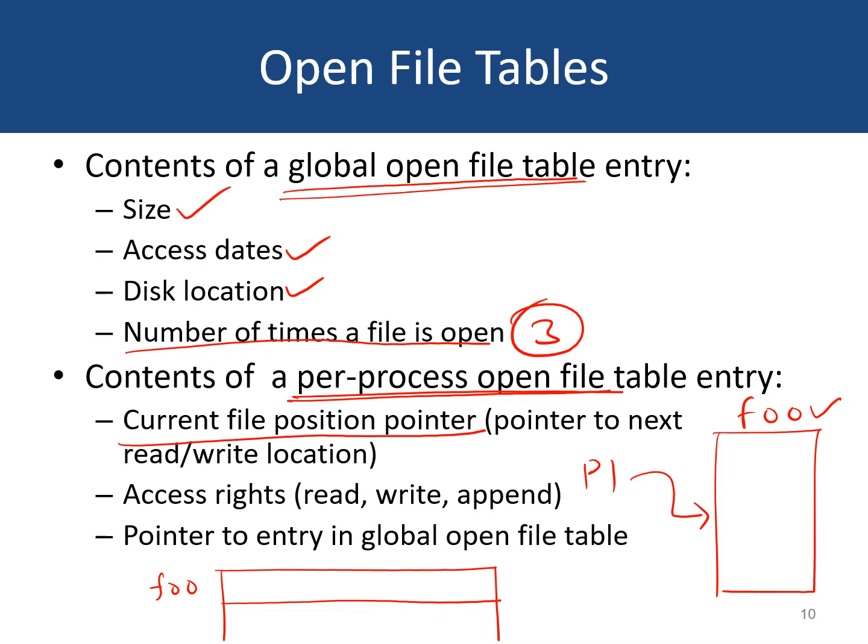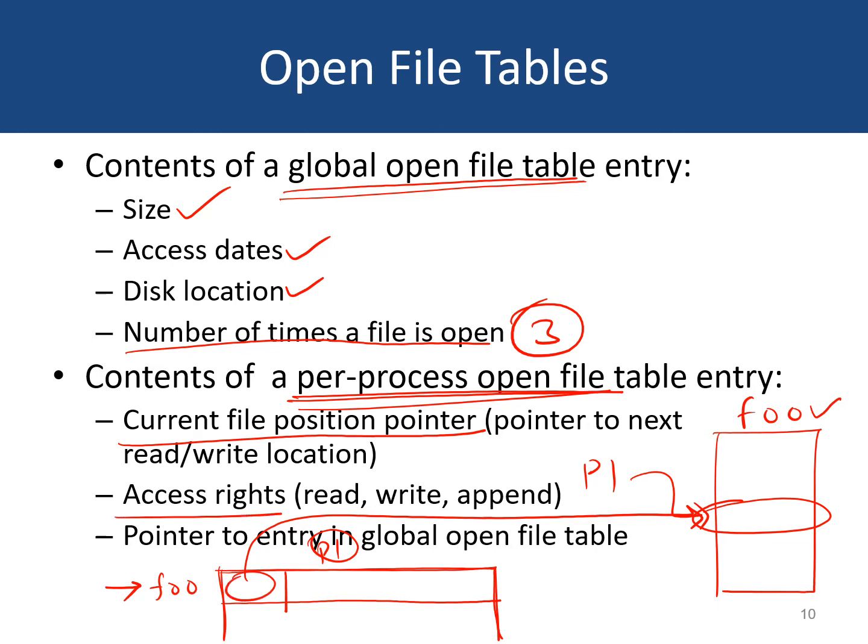In the per process open file table for process P1, let's assume that this is the per process file table of process P1, we'll have an entry for file foo, and in this row or this entry, one of the pieces of information we'll have is a pointer to this location where P1 is reading or writing into foo. So basically this pointer is stored over here.